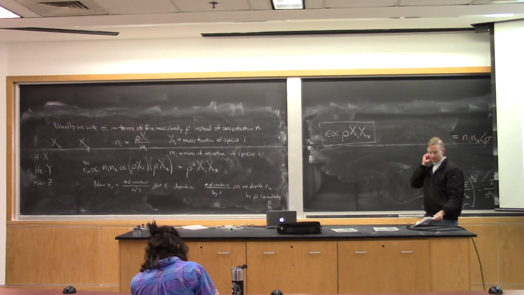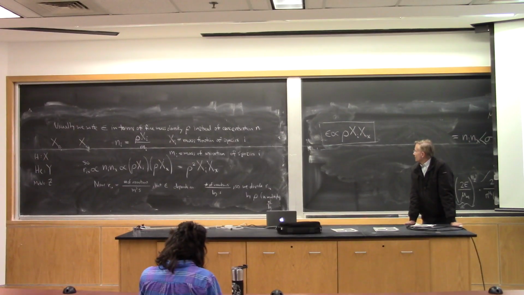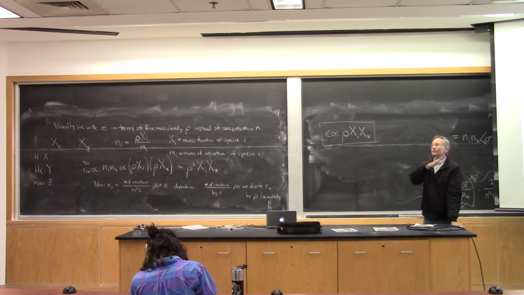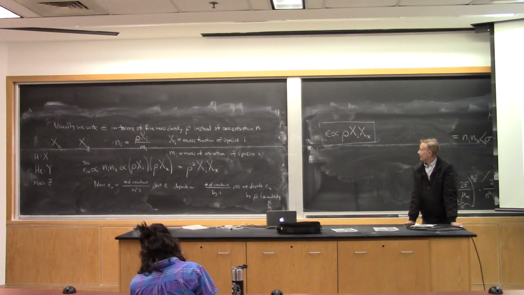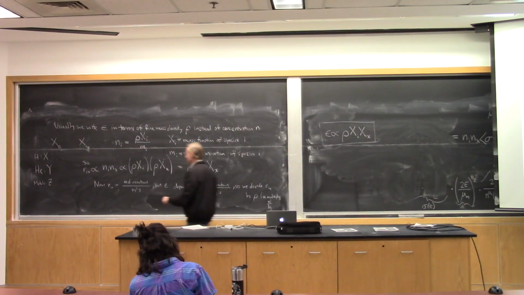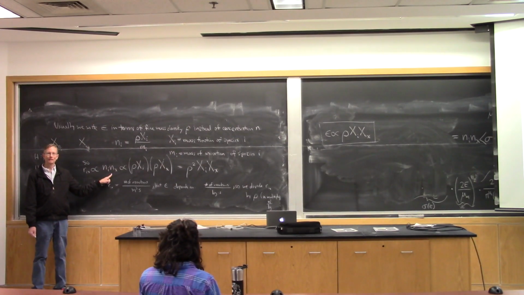I've been known to ask on an exam why epsilon should be proportional to rho Xi Xx. Not that you'd have to go through the full derivation we went through of everything, but be able to explain why this should be true, that it should be proportional to the product of Ni and Nx. So let's review.